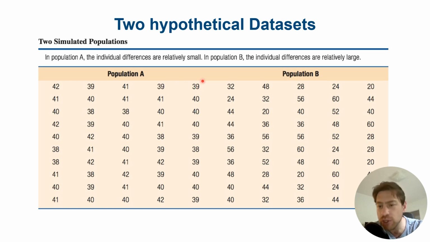So you have low variance within population A. Now, next to population A, you have population B, where the individual differences are relatively large. And again, you can see that just by visually scanning these values. There's a lot more variation in population B.